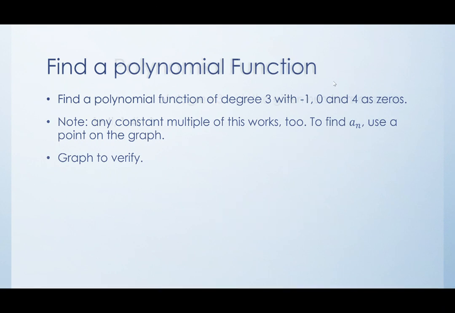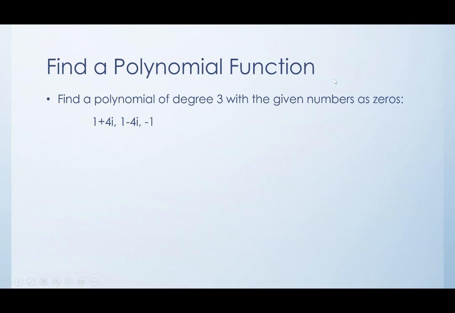Okay, so what if I say I want a polynomial function of degree 3 with these given numbers as zeros? Of course we can say, okay, I got this: x minus the first root, times x minus the second root, 1 minus 4i, times x minus the third root, x minus -1. Great.